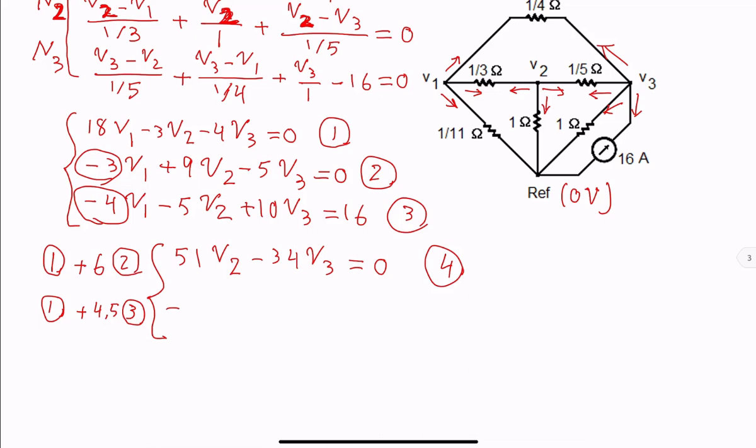We get negative 25.5 V2 plus 41 V3 equal to 72.